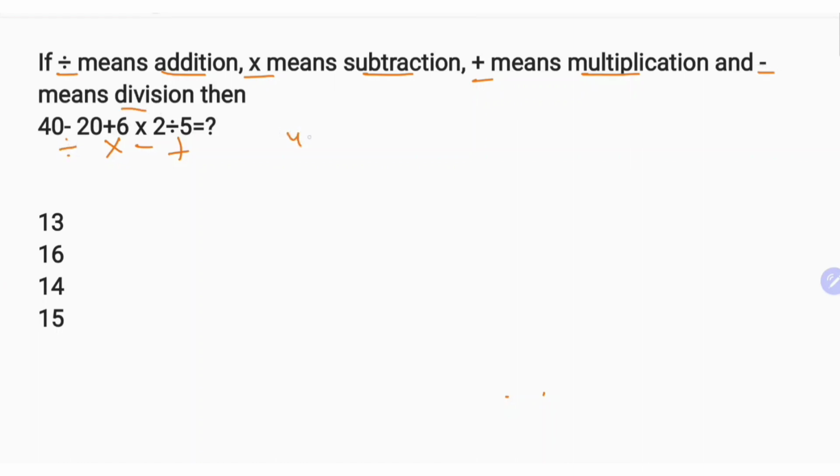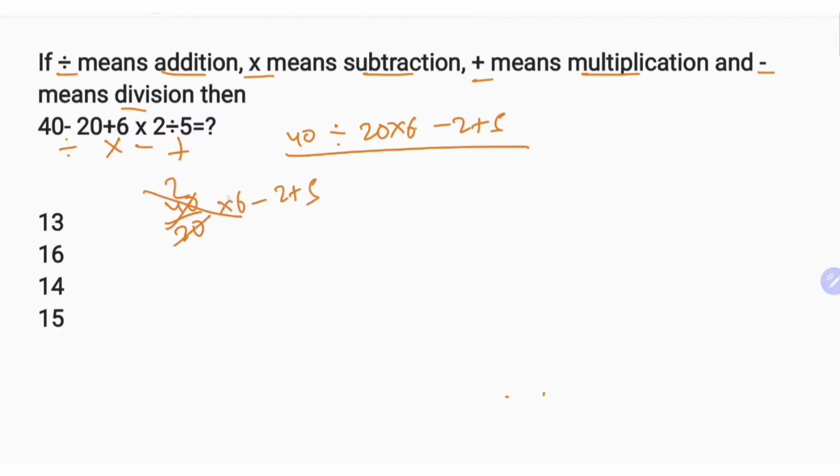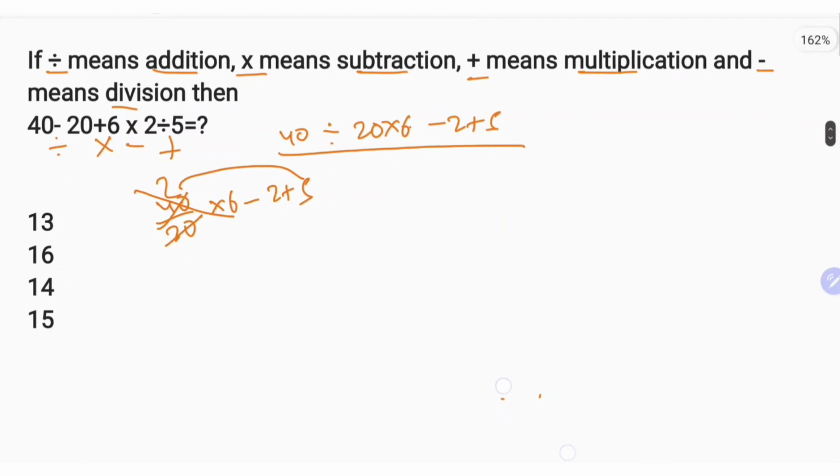You don't need to write this out, you directly write 40 by 20 into 6 minus 2 plus 5, 2 times 6 is 12, 12 plus 5 is 17, minus 2, 15. Clear? Next, for understanding purposes, I am writing this.